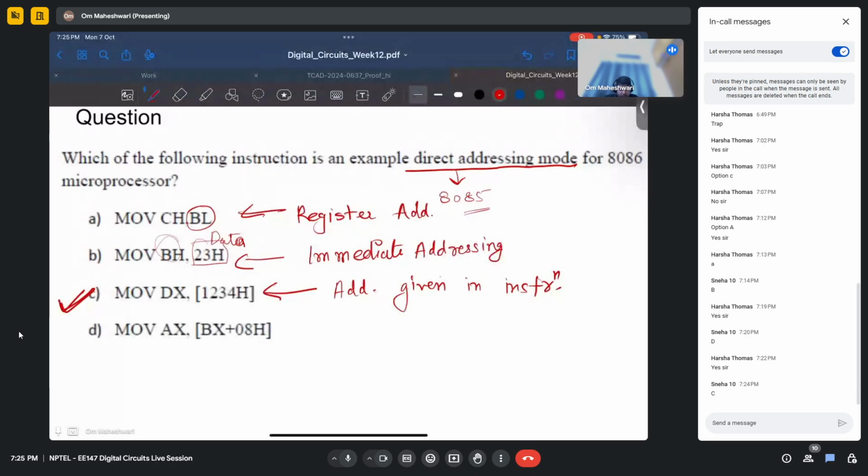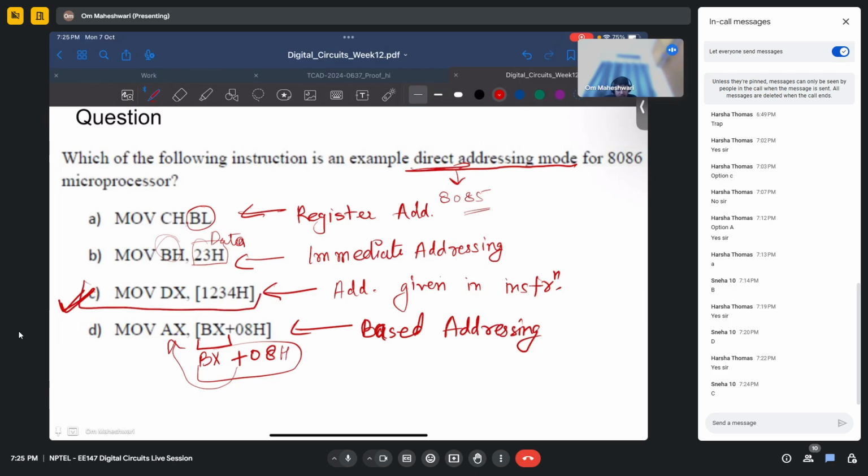Last one, whatever is stored in this BX register, you add 08 to it, and then at this address, whatever is there, move to BAX. So this is called based addressing. So direct addressing is option C.